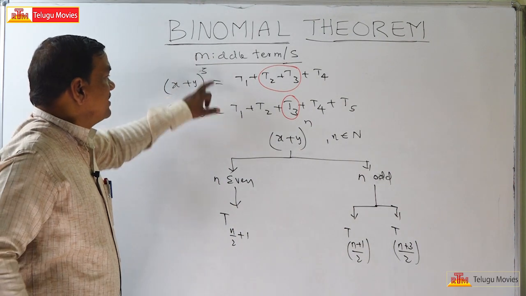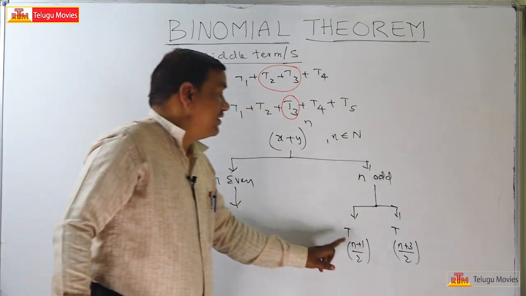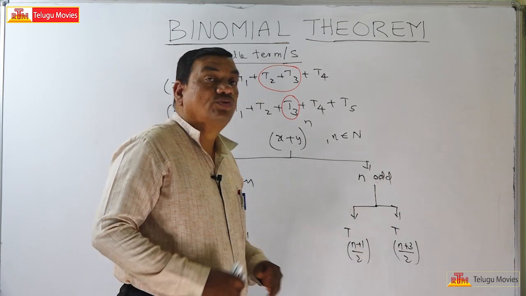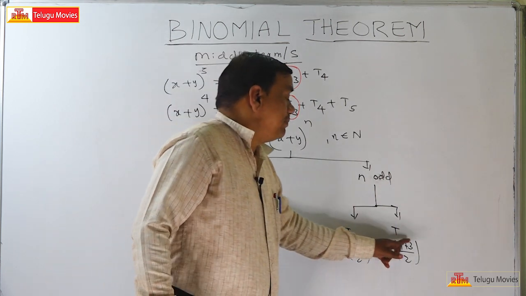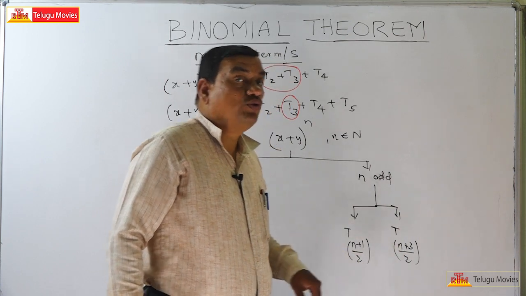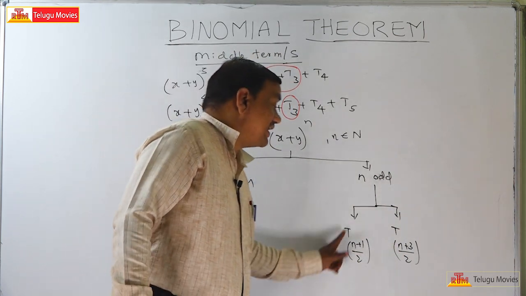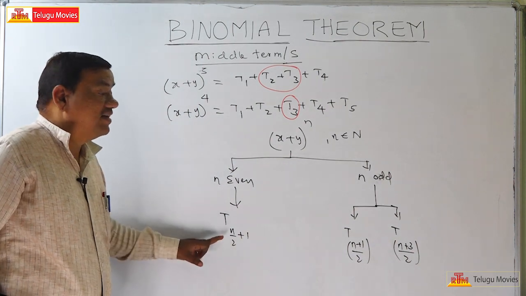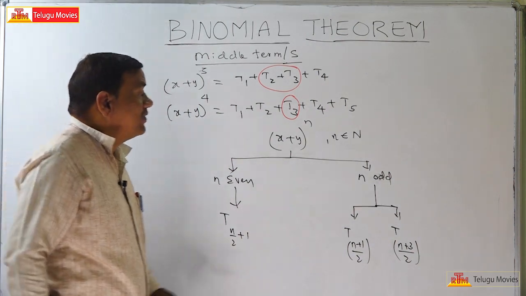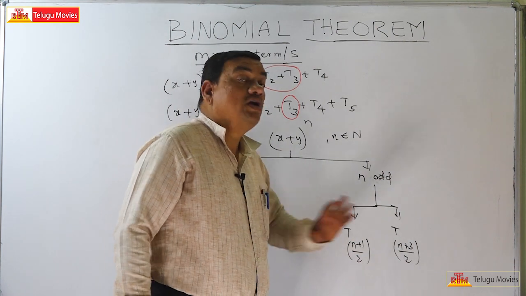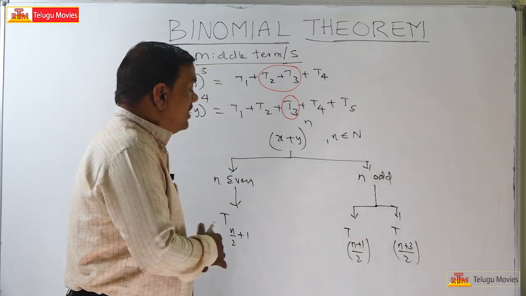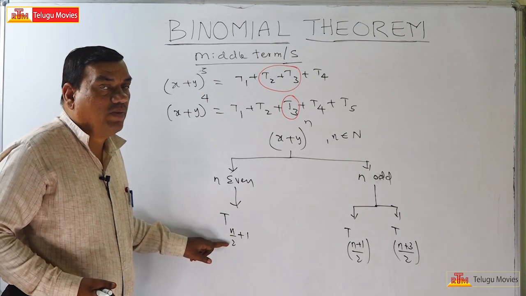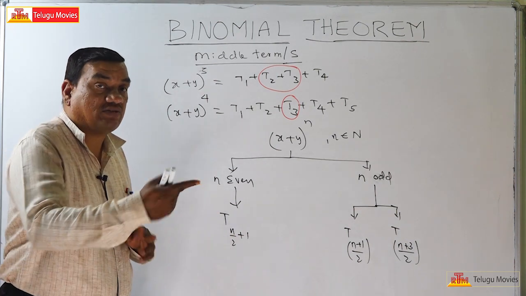For example, substitute n as 3: 3 plus 1 is 4, 4 by 2 is 2. 3 plus 3 is 6, 6 by 2 is 3. So the second term and third term will be the middle terms. If n is even, there is 1 and only 1 middle term. If n is odd, there will be 2 middle terms. Then how to remember? Very easy. n is even, so it can be divisible by 2. Therefore, n by 2 plus 1.